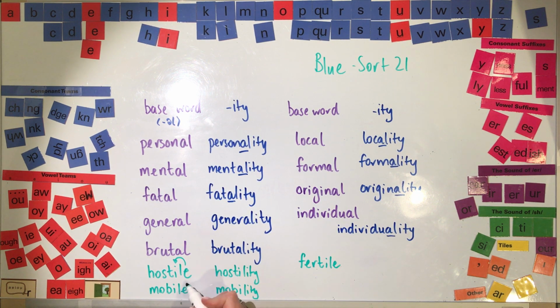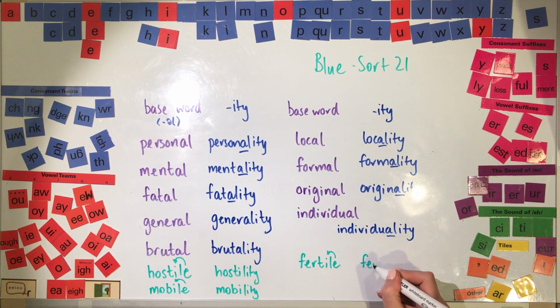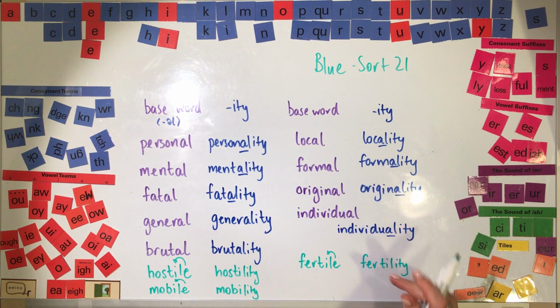And this is exactly the same. We've got this magic E pattern again. In America, you'd say fertile, as we say fertile. And then we have fertility. So when we've added ity in these ones, we've had to drop the E. So we can put them in oddball, or you could describe those as an E drop pattern if you don't like the oddball title.